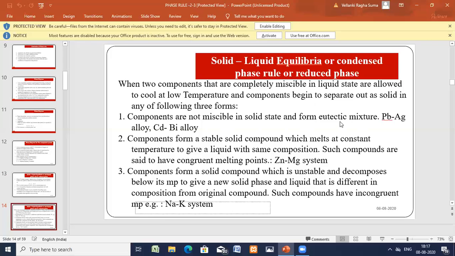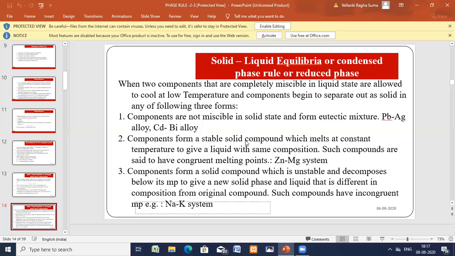The other way they get separated: the two components, completely miscible in the liquid state, on cooling form a stable solid which melts at constant temperature to give a liquid with the same composition. That is the zinc and magnesium system. Such components have congruent melting points. Next class we'll see the zinc and magnesium system.